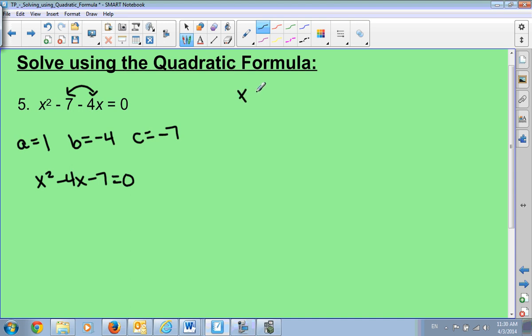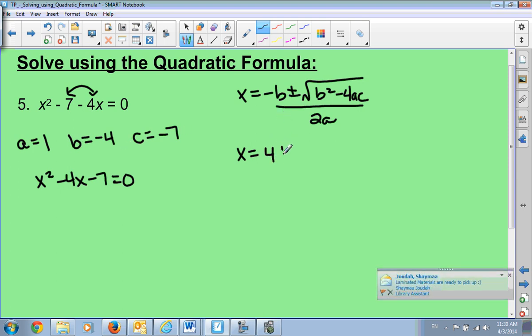Okay, so rewriting my formula. When you write it now, you're going to sing it in your head every time. Super fun. Okay, so what is negative b? If positive b is -4, then what's negative b? +4.